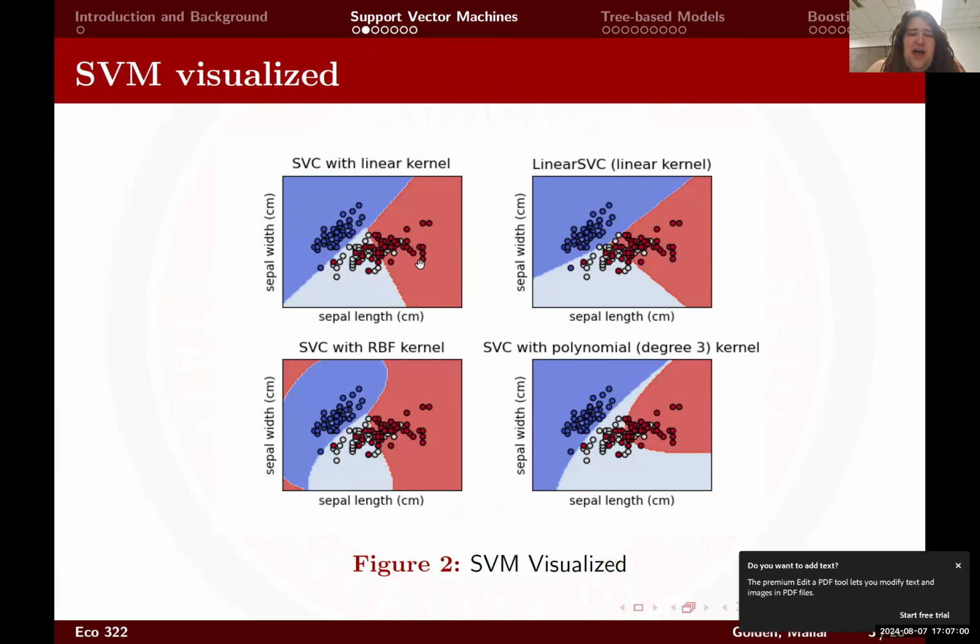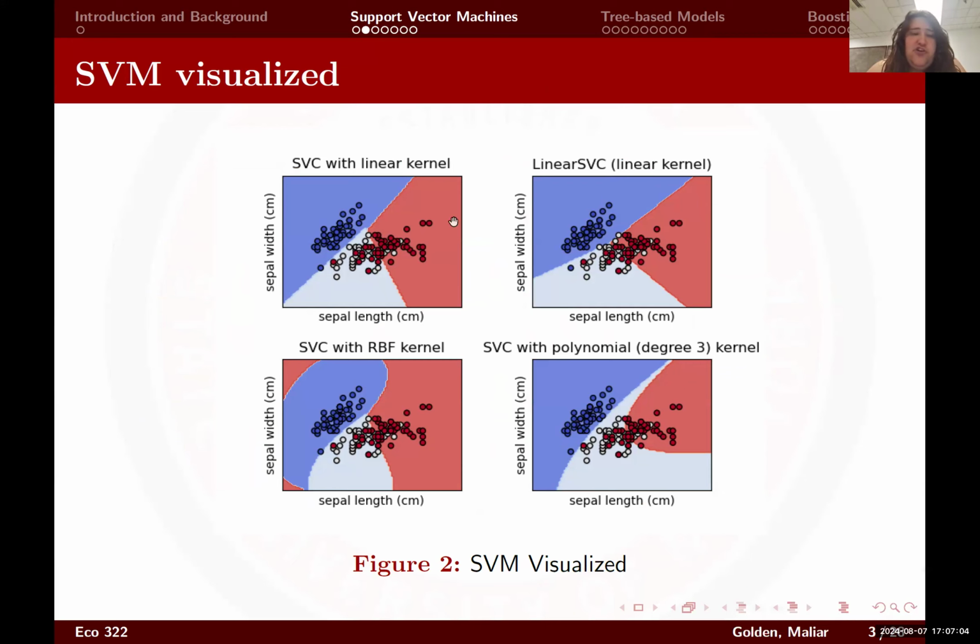So these are some examples of the decision boundary you get with support vector machines. And you can do it with either a linear kernel or a non-linear kernel. What happens when you do it with a linear kernel is you simply find lines in n-dimensional space that separate the different points in different classes.